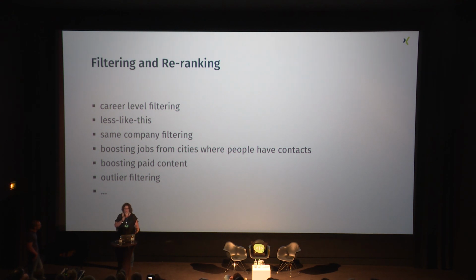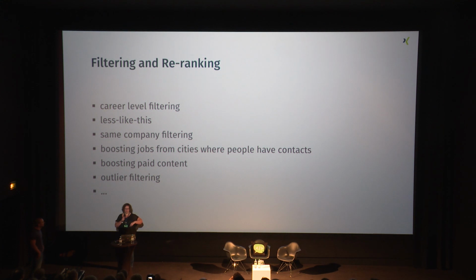We have a less-like-this component. As I said before, where we had a more-like-this component, we have a less-like-this component here. If we know that a user did not like some job postings in the past, and we have similar job postings again in the recommender candidates from the different recommender strategies, then we kick them out. We do not want to show too many job postings from the same company.